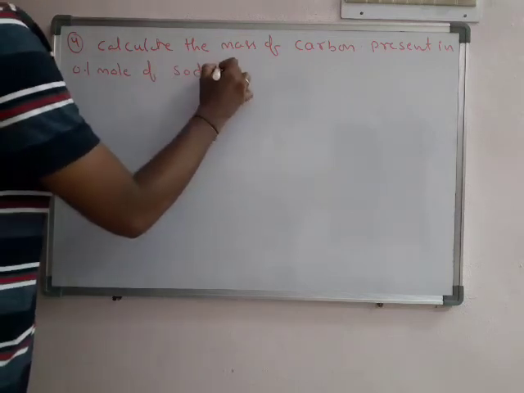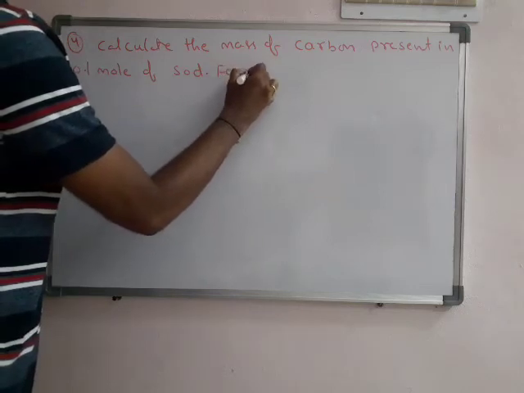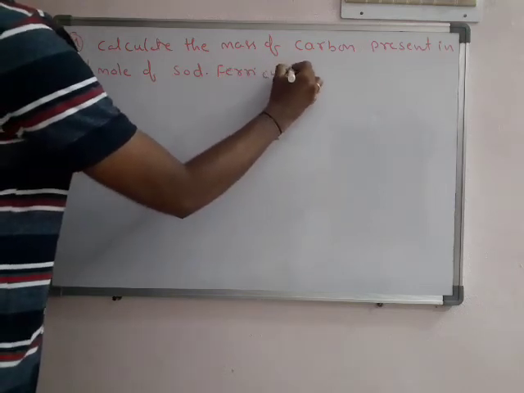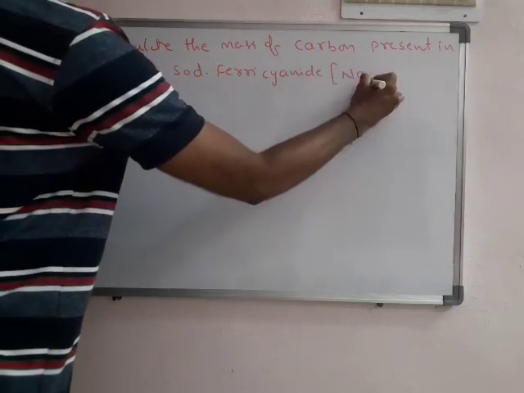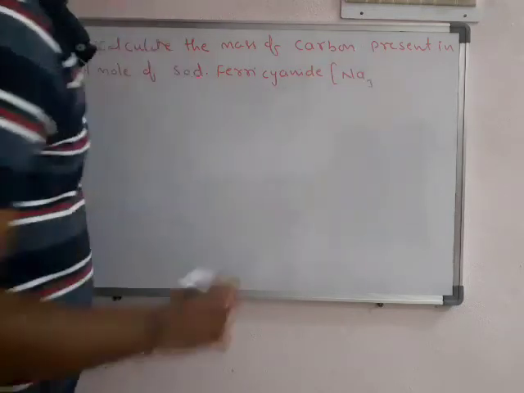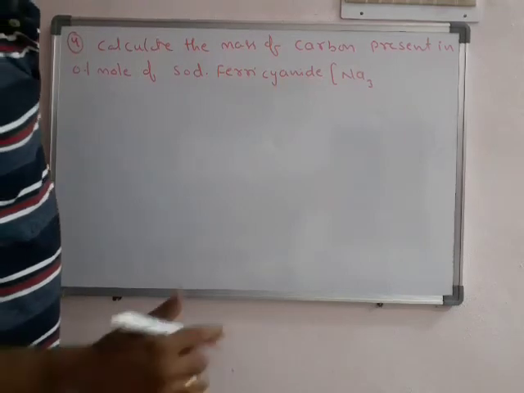This is sodium, okay. So ferricyanide, its formula is given. It is totally unknown to you, okay. Na3Fe(CN)6.